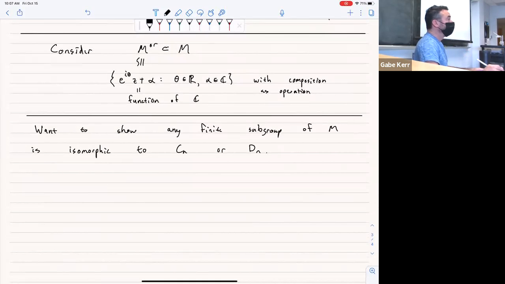In particular, if it's Cn, it's going to be a collection of rotations about some point in the plane. If it's Dn, it will be those rotations about that point and some reflections about lines through that point.